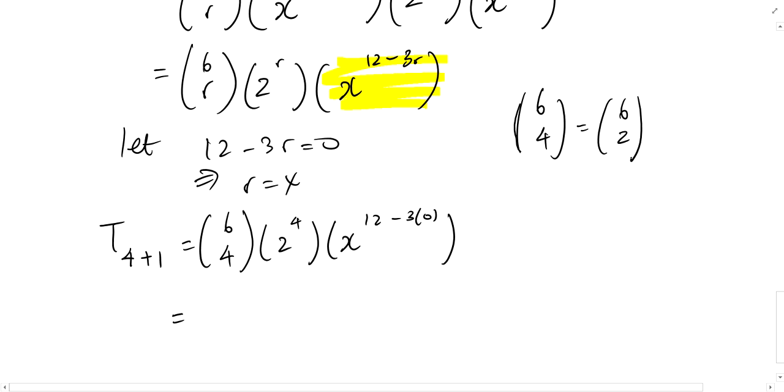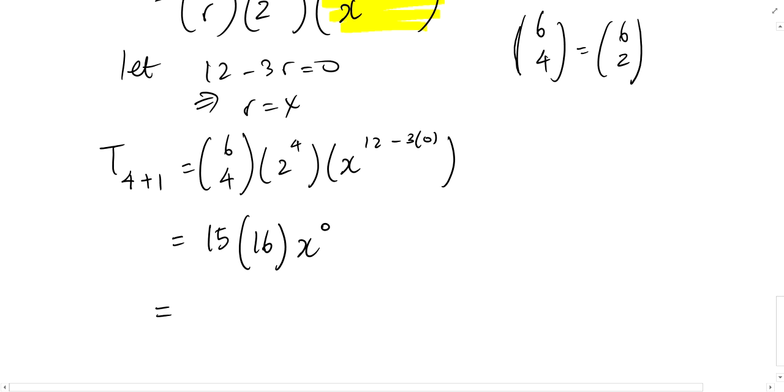How much is that? 3 times 5, 15. So that's 15 times 2 to the power of 4, which is 16, times x to the power of 0. So that is 15 times 16, 240. So you see, the x disappears. This is the term independent of x.